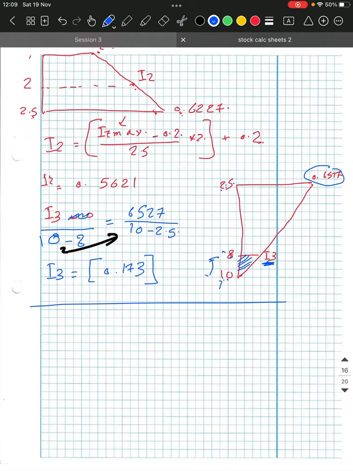Now I'm going to draw a final drawing. Same thing, 0.2 again. Now I have IZ max, for example.